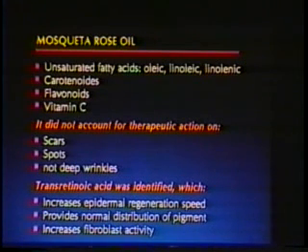First, we spoke about wild rose oil, which originated in Chile. It was said that this oil contained a large quantity of oleic, linoleic, linolenic, and non-saturated fatty acids, carotenoids, flavonoids, and vitamin C, which could, however, not account for this product's therapeutic action on scars, spots, and not very deep wrinkles.